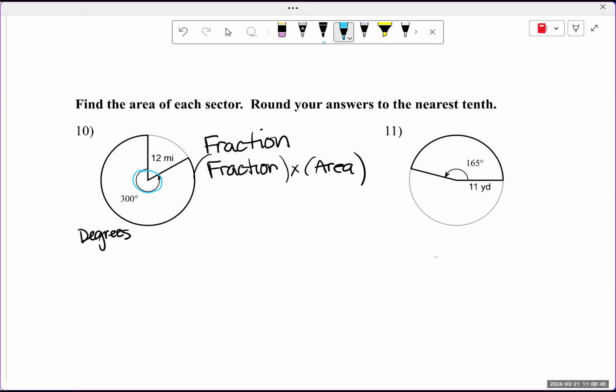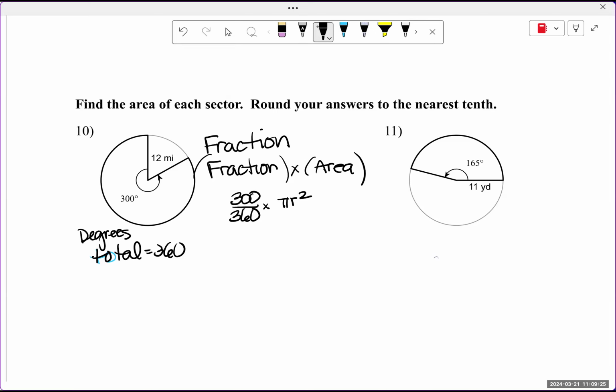The 360. Okay, so total is 360. So how is that going to help us find what fraction of the circle we want? So the fraction is 300 out of 360 times the area, which is pi r squared.